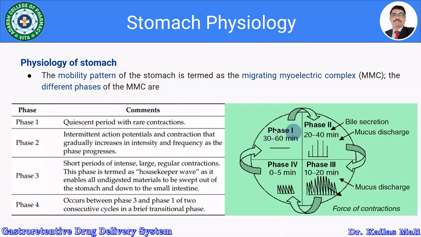In phase 1, as I have said, which lasts for 30 to 60 minutes, it is a quiescent period with rare contractions or no contractions.